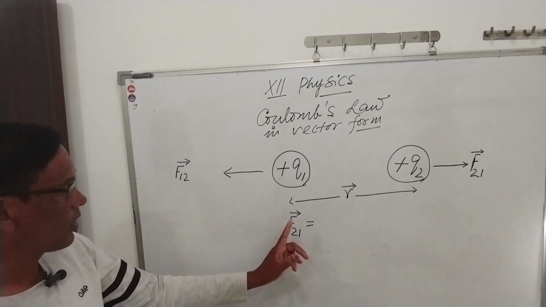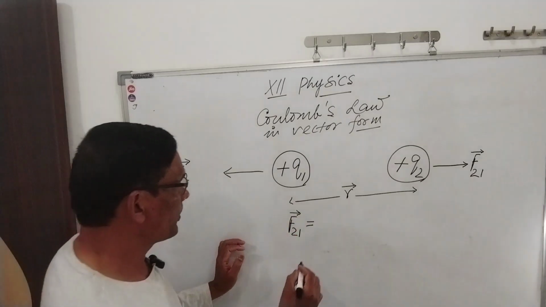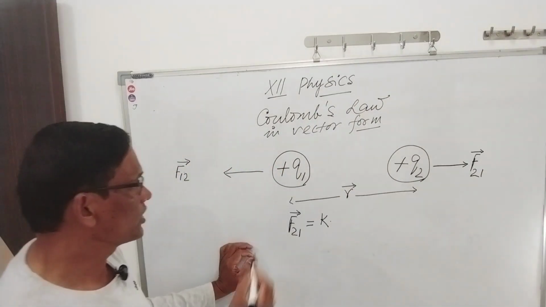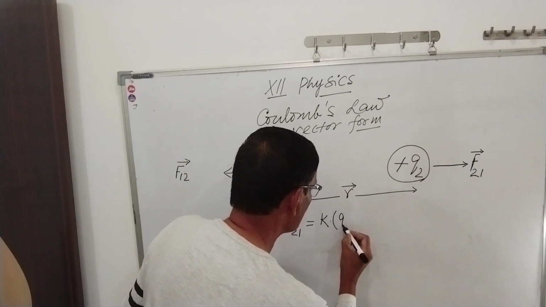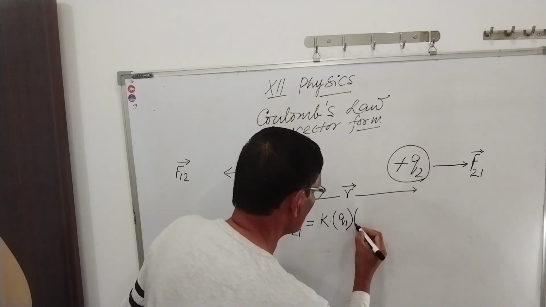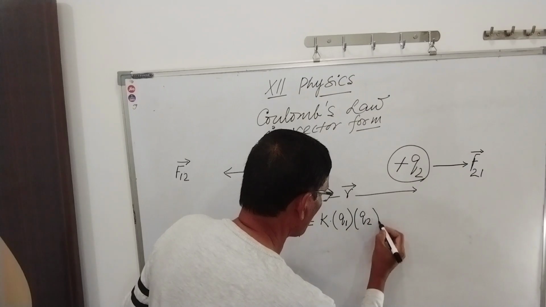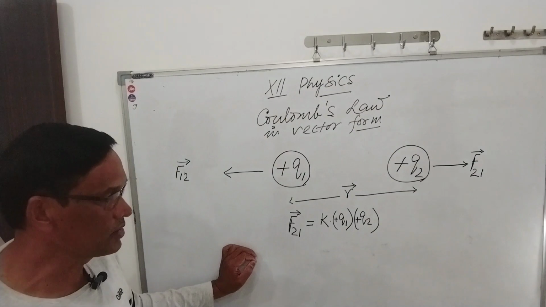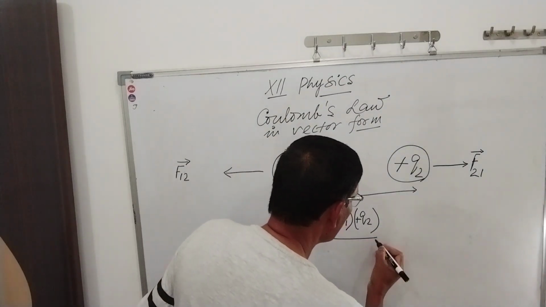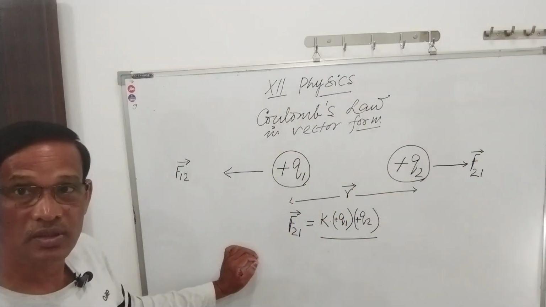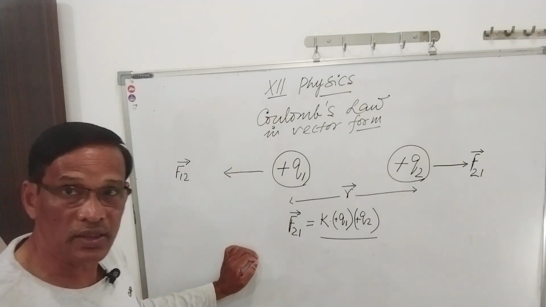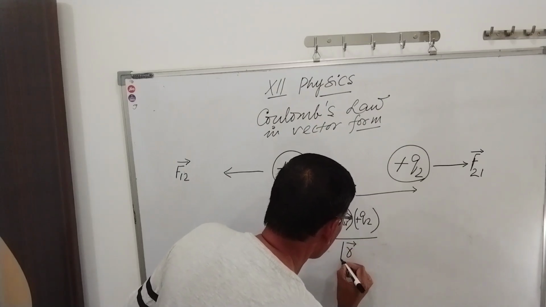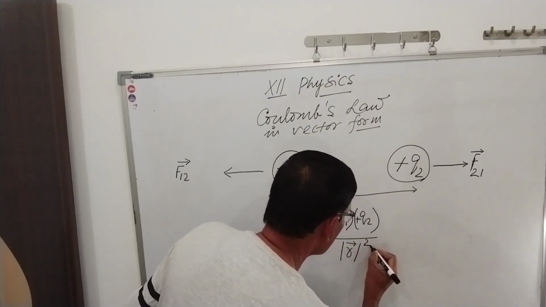So force on 2 due to 1 will be k times q1 magnitude, q2 magnitude, both are positive in nature, upon the square of the magnitude of r vector.